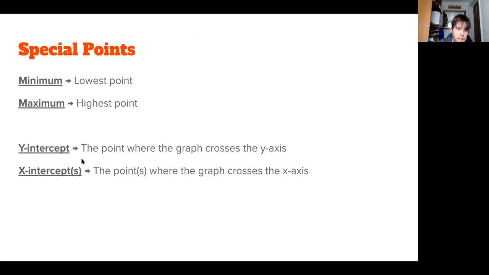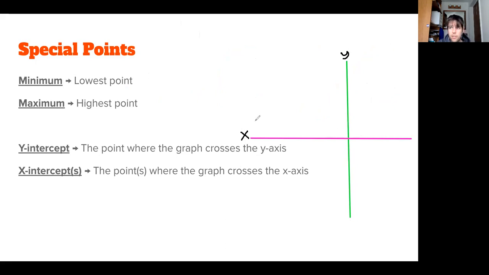Okay. And then we have the x-intercepts and the y-intercepts. So just a brief reminder, right? The y-intercept is where the graph crosses the y-axis, and the y-axis is our vertical axis, and the x-axis is our horizontal axis. So let's just kind of label some things out here, right? Again, the green one is the y-axis, this pink one is the x-axis.